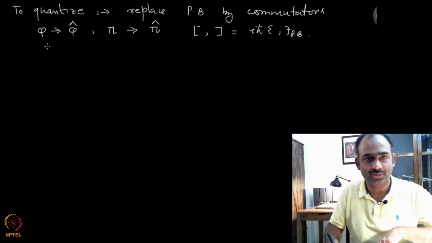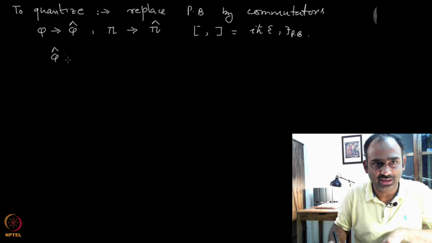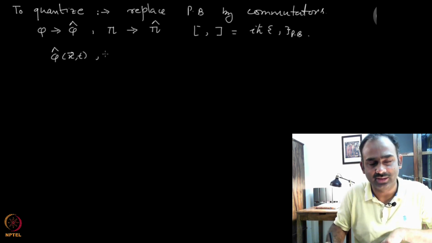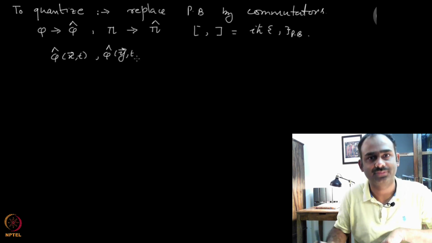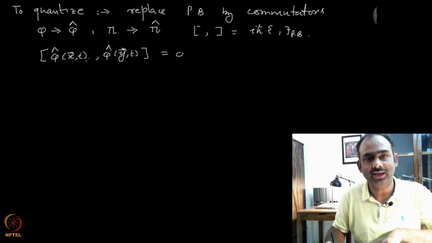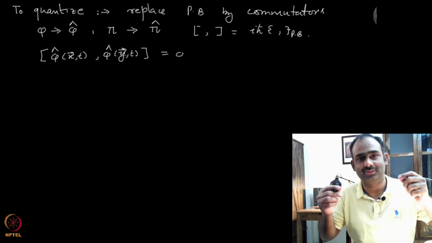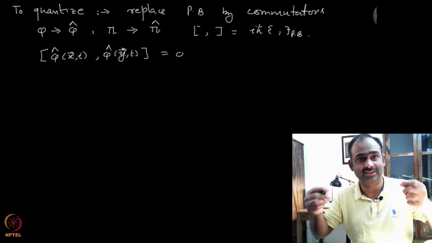So that's the prescription. What we'll get is that the commutator of φ hat(x,t) and φ hat(y,t) would be 0. Note that even though the space points are different, these are different coordinates, right?